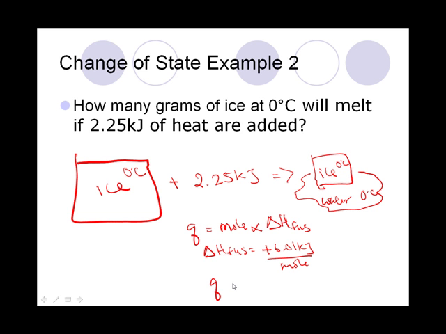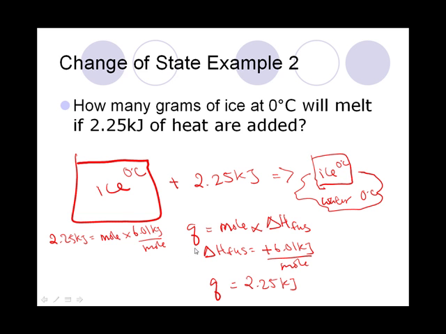I know the amount of heat that was added was 2.25 kilojoules. So it becomes 2.25 kilojoules is equal to the number of moles times the 6.01 kilojoules per mole.